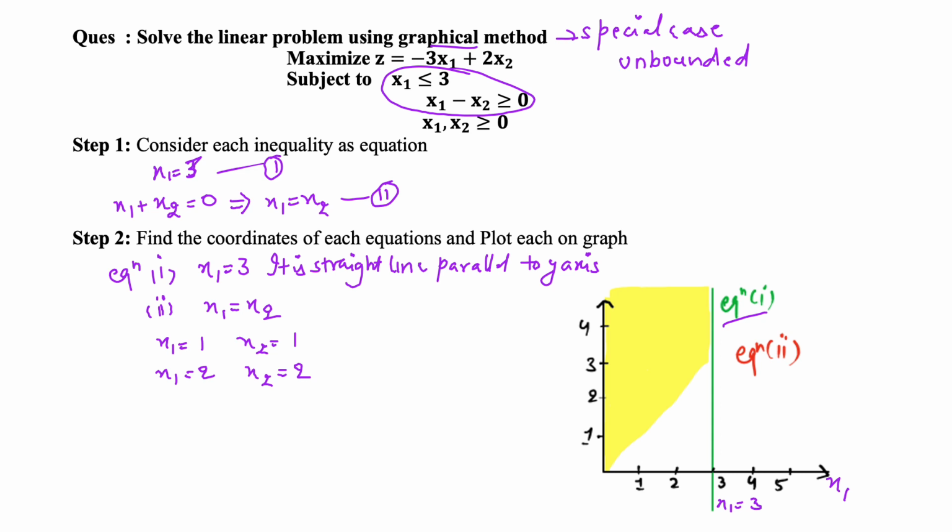This is my x1 axis, this is my x2 axis, and the line is parallel to the y-axis. The next line passes through the origin at an angle of 45 degrees. It is the graph of equation 2, where if x1 is 1, x2 is 1; if x1 is 2, x2 is 2; and similarly if x1 is 3, x2 is 3.